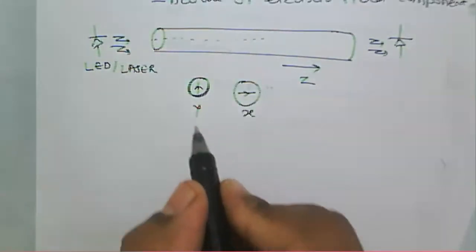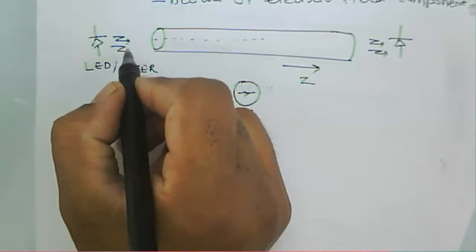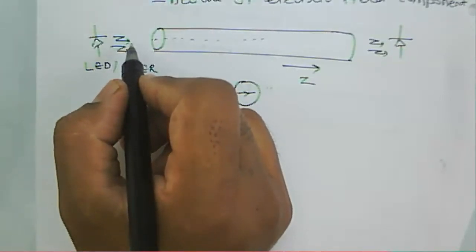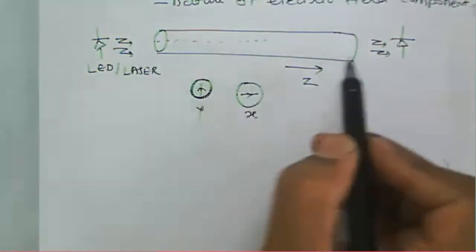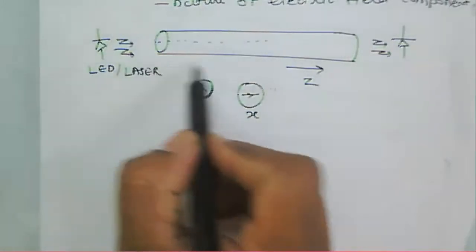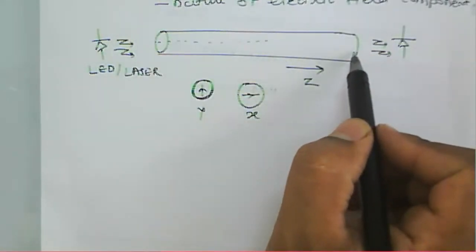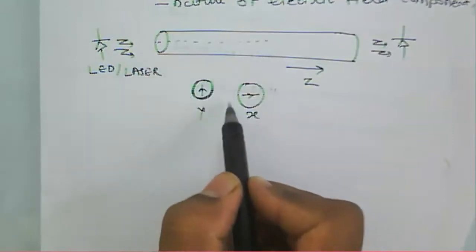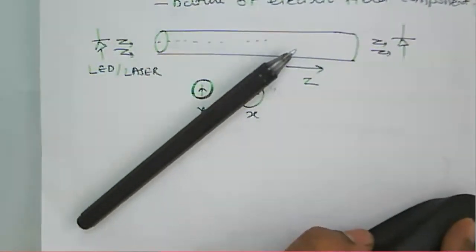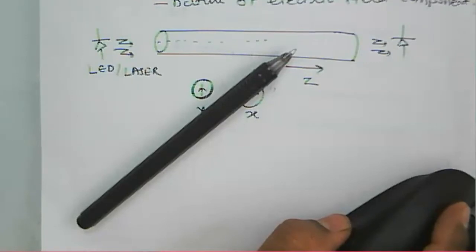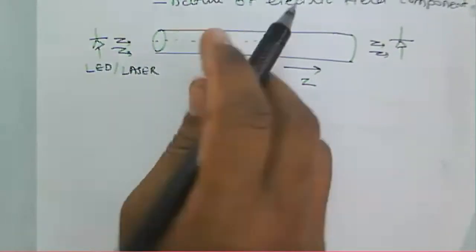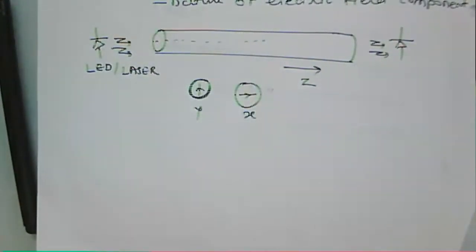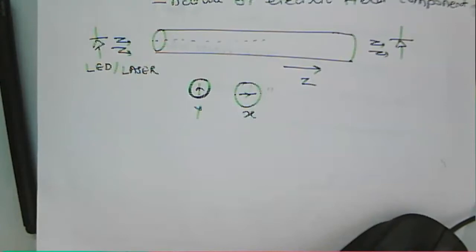So when we launch power or an input inside the particular fiber, that fiber does not maintain the polarization. This fiber does not maintain the polarization because the fiber doesn't have a constant cylindrical nature. So that's why it doesn't follow the polarization.